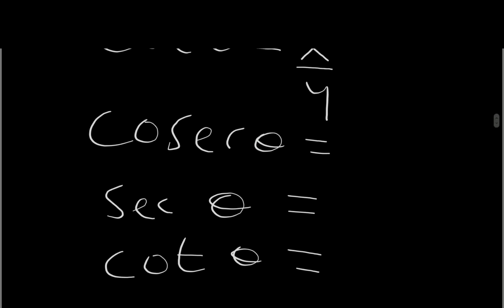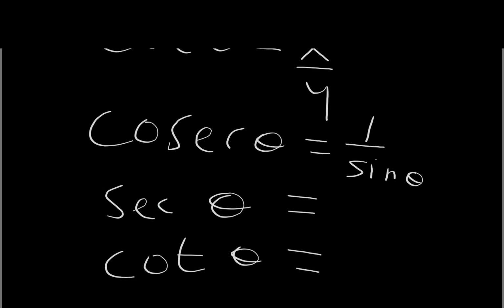Now, the trick is that you look for the third letter in each of the trig ratios. So the first one, cosec theta, the third letter is what? S. It means that the s here represents sine. So we're going to have 1 divided by sine theta. Now, looking at sec theta, the third letter is what?